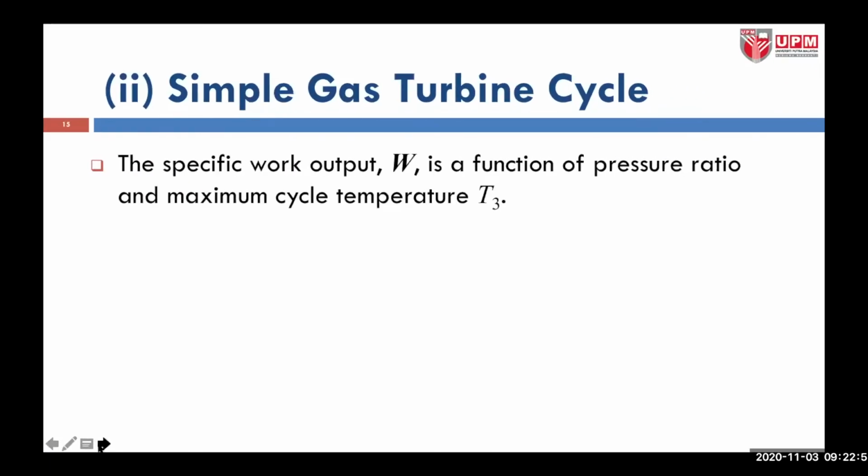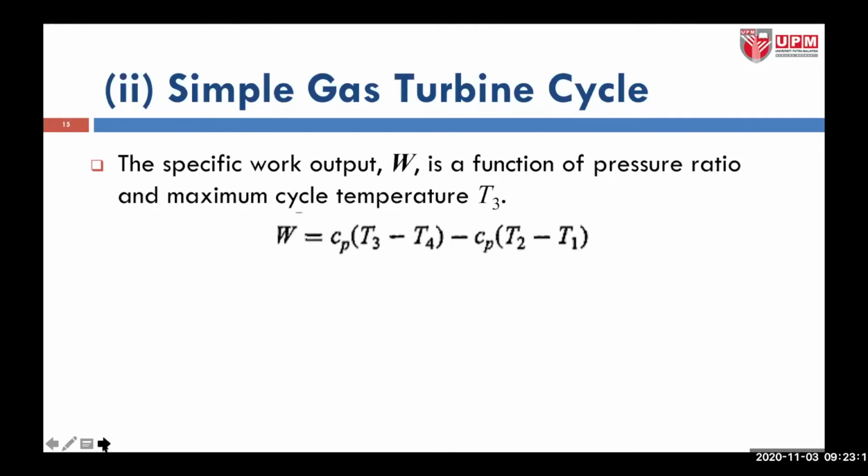The specific work output, W, can be considered as a function of the pressure ratio and the maximum cycle temperature, T3. T3 is the temperature at the inlet of the turbine. It is the same temperature as at the outlet of the combustion chamber.